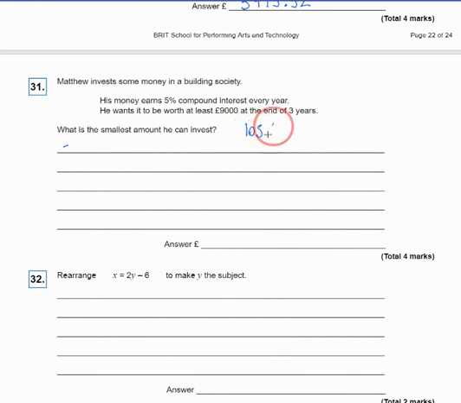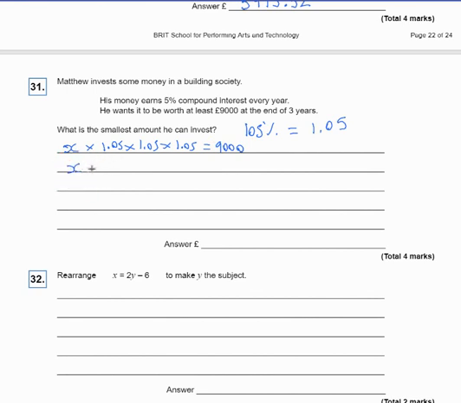And 105% is equal to 1.05. Okay, so we've got some amount, let's just call it X. We are increasing or timesing by 1.05. We're doing it 3 times. And we want our amount to be £9,000. Okay, so let's simplify this.